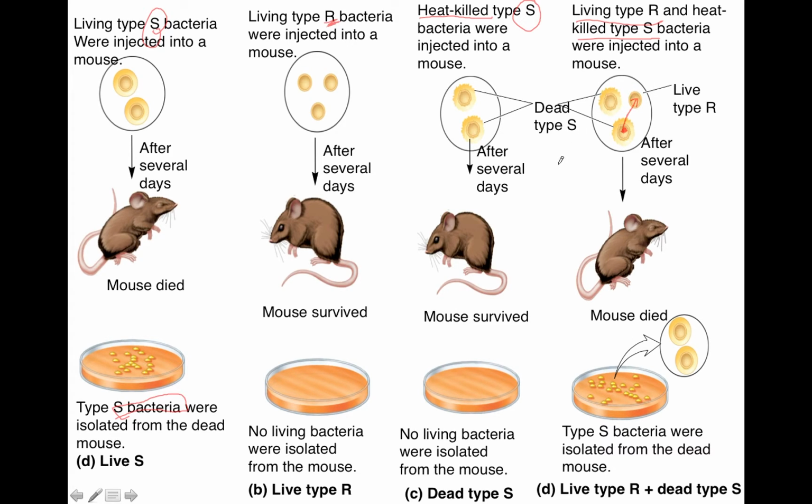And these bacteria cells were transformed from rough to smooth. Okay, something turned these rough bacteria into a smooth type bacteria that caused the infection, that caused the mouse to die.